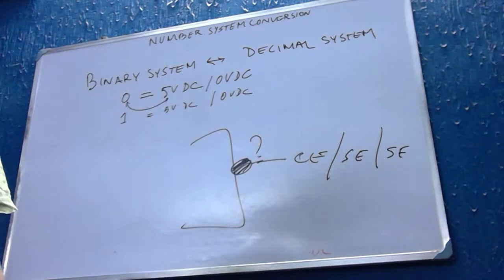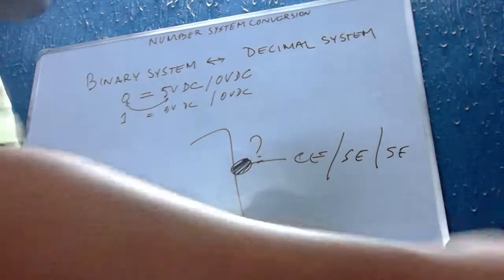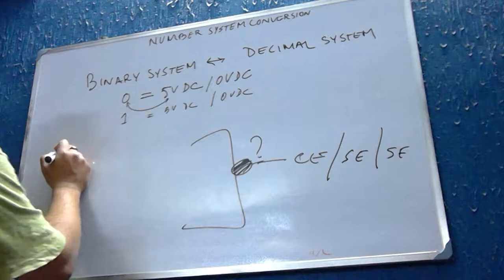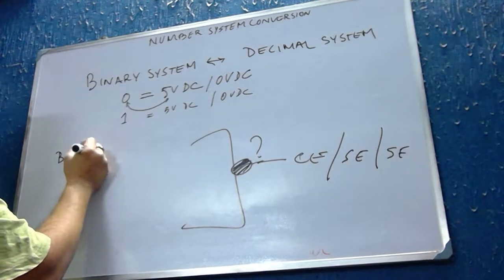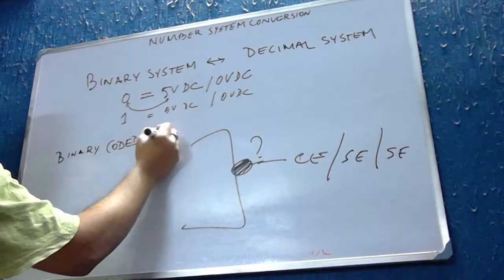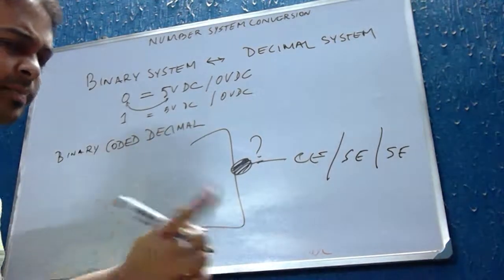But sometimes what happens is, you have a binary coded decimal. This is very important. This is very simple.